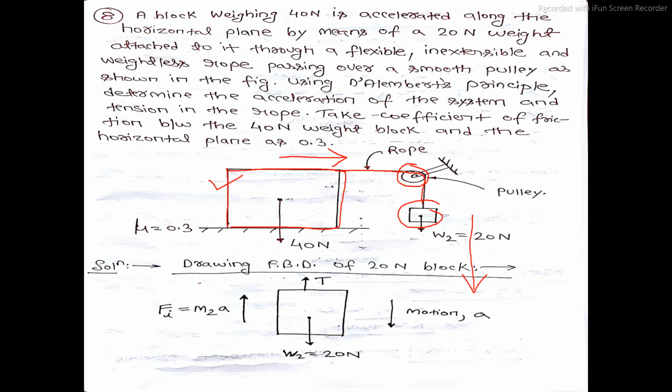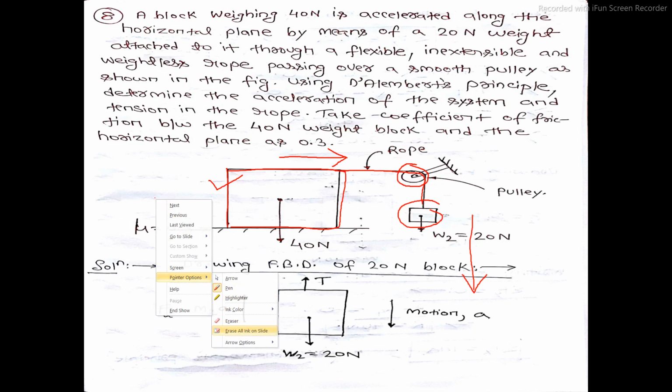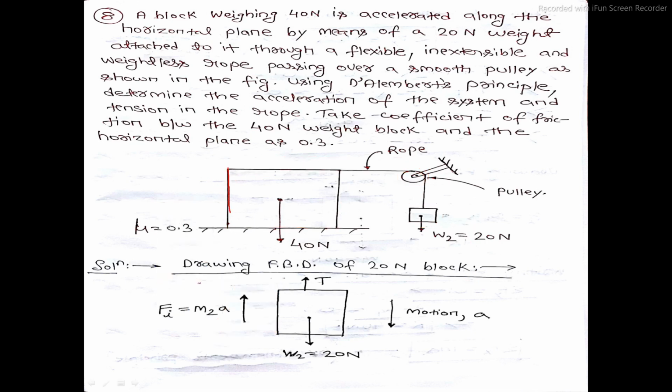Again I repeat, according to this problem, what is given to you? There is a block which is kept on a horizontal surface. This is your horizontal surface. This block is connected to a weight, this is your weight, through an inextensible string passing over a pulley.